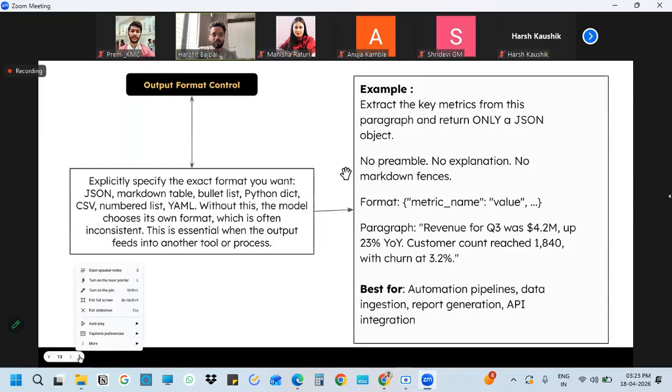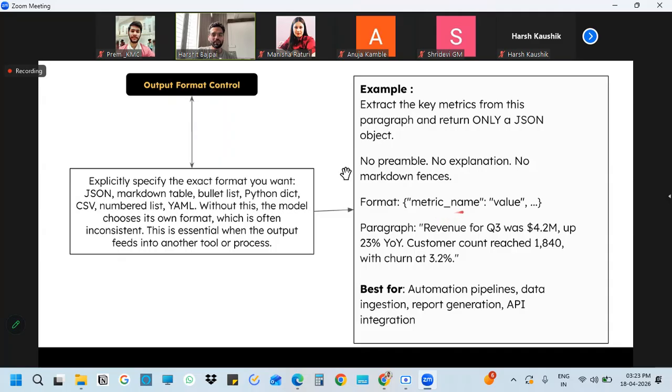We have already discussed this, so I'm not going to discuss it again. It is basically output format control. The reason this also comes as a type of prompting is because the industry believes it. Everyone uses it, so even if you don't give it an official name, it is what it is. Example: extract the key metrics from the paragraph and return only a JSON object.